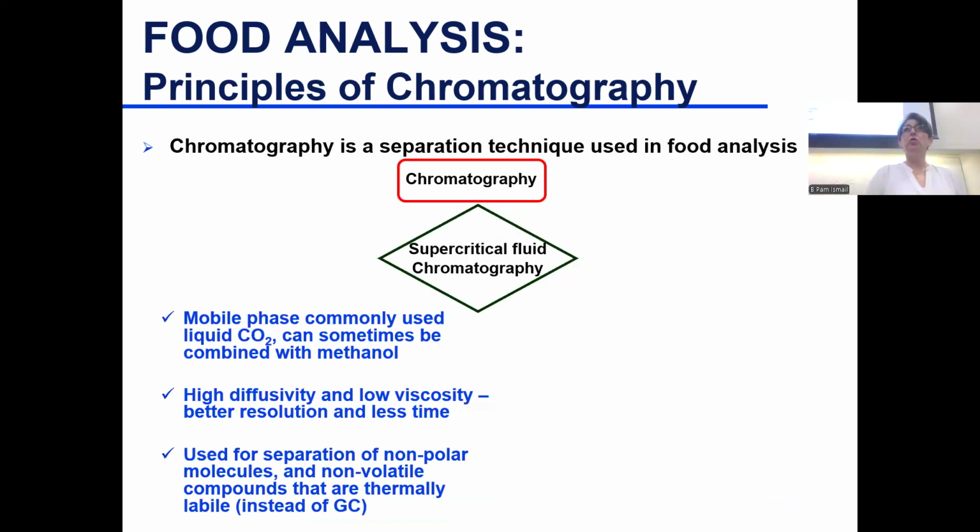I'll briefly introduce supercritical fluid chromatography. It's just one slide. We're going to continue focusing on liquid chromatography, but just so that you know what it is. Here you use a mobile phase that is originally under ambient conditions a gas.